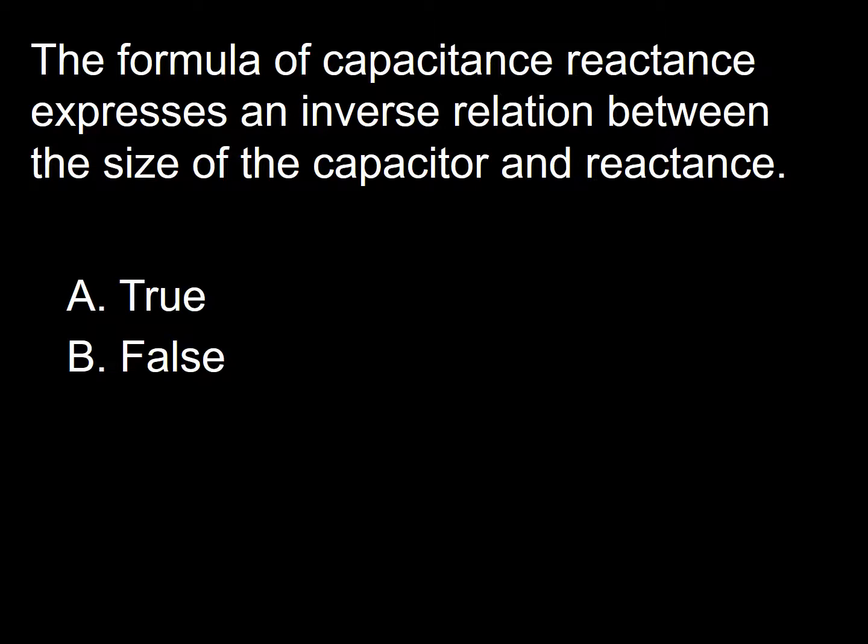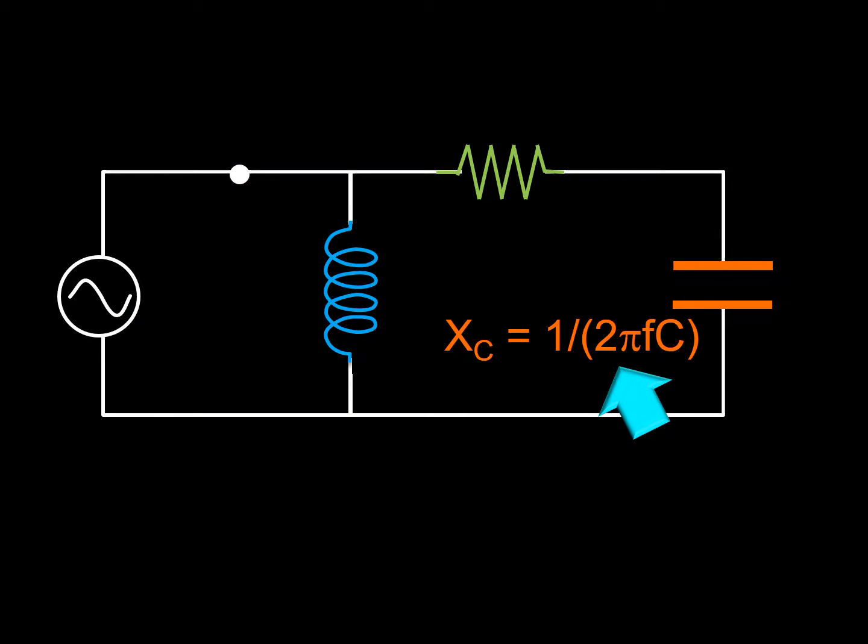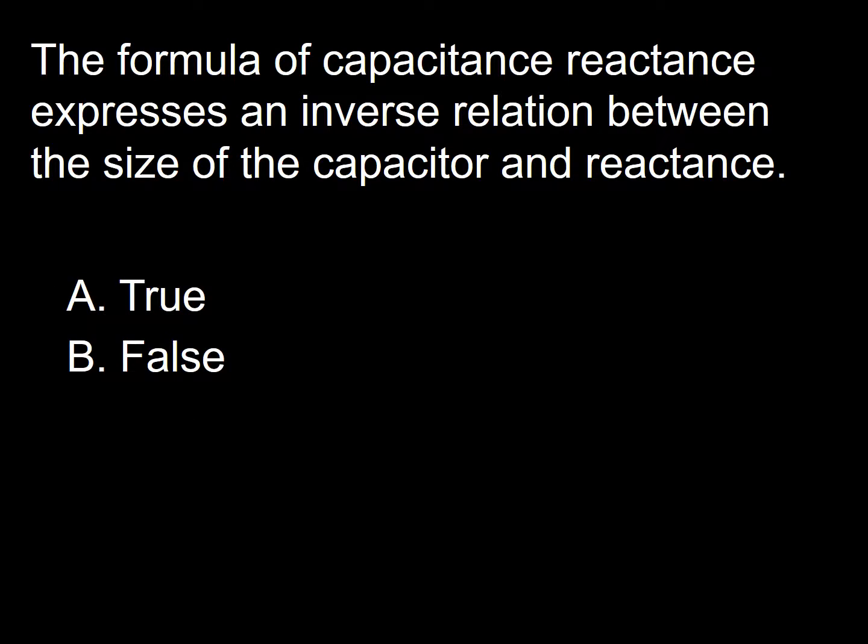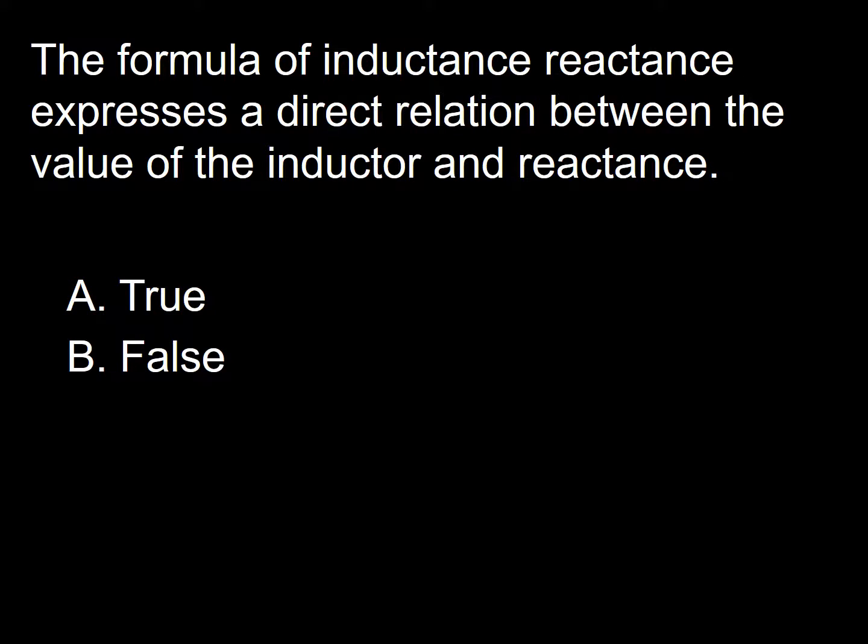Next question. The formula for capacitance reactance expresses an inverse relation between the size of the capacitor and reactance. A true, B false. The formula for capacitance reactance indicates that the larger the capacitor, the less it will resist current. So the answer to this question is A. Next question.